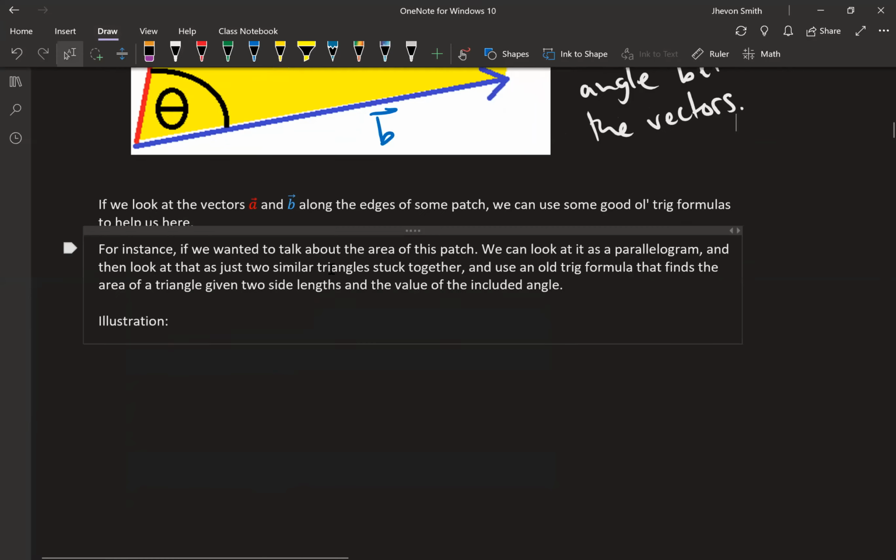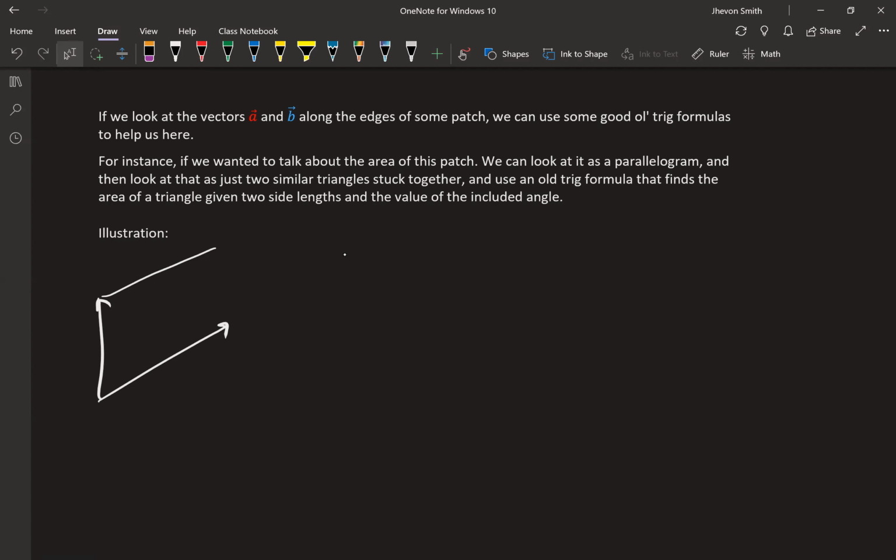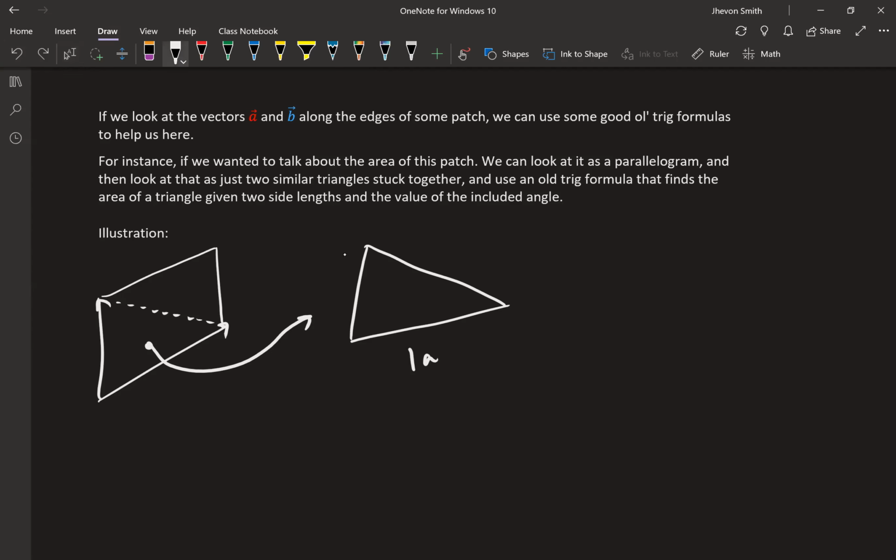One way you could find the area is to take that patch, here's that patch right there, and I can slice it like this along a diagonal and then focus on that part. So I have a triangle where the magnitude here is B, as I wrote earlier, and the magnitude over here is A. And then I know the angle between A and B here is theta.